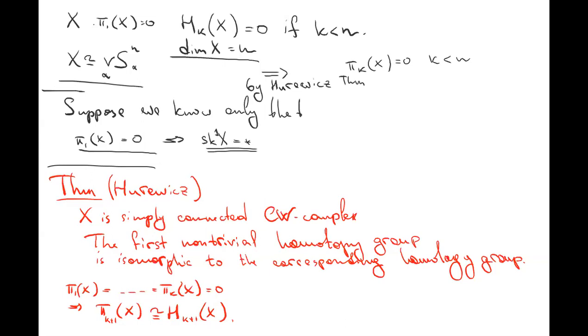And I guess we either discussed in previous classes, or there was a problem on the problem sheet, that if your CW complex is connected and the first k homotopy groups are trivial, then your k-skeleton is homotopy equivalent to a point.